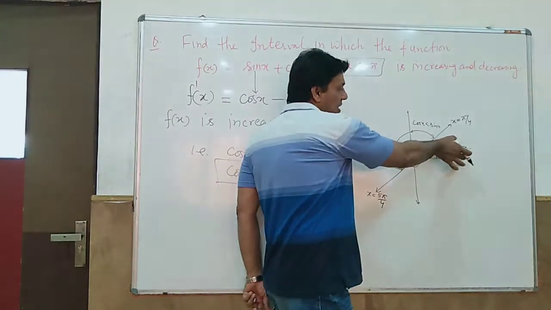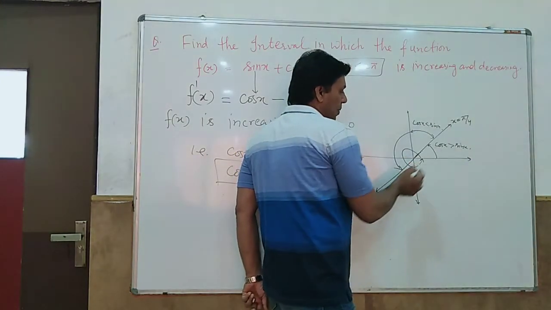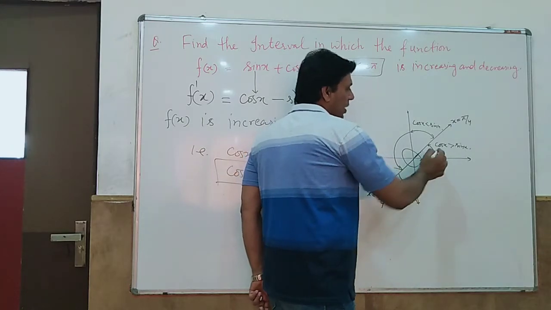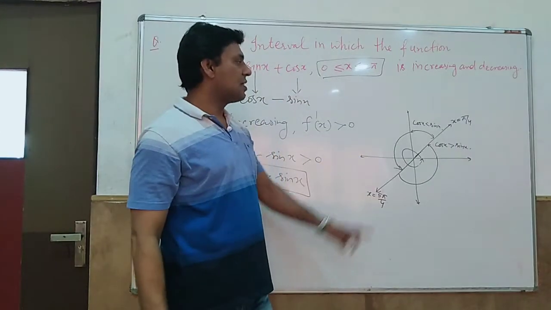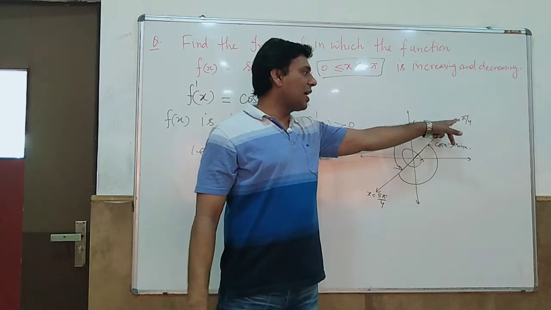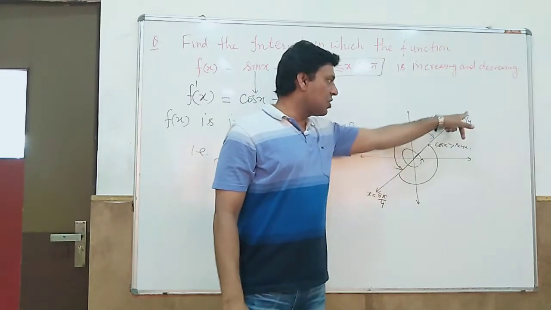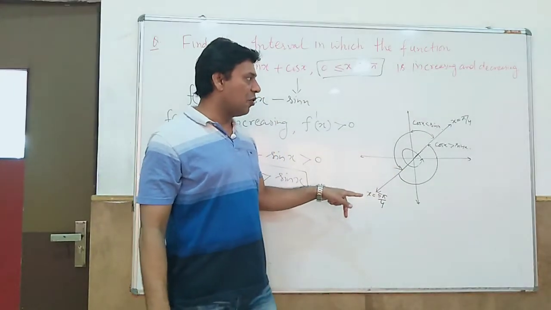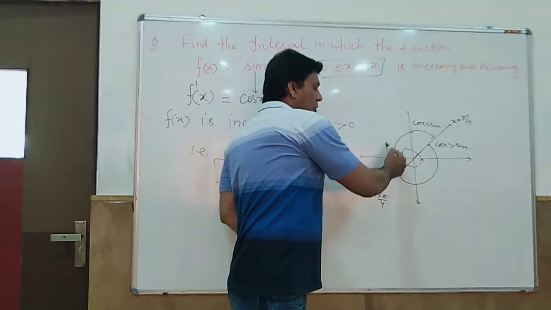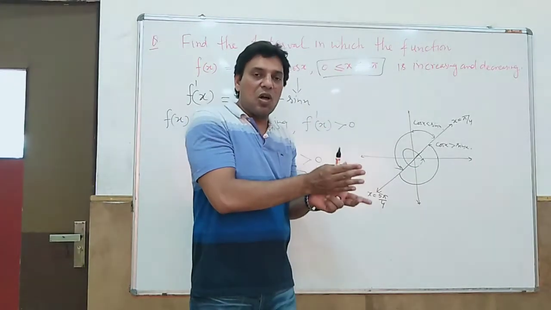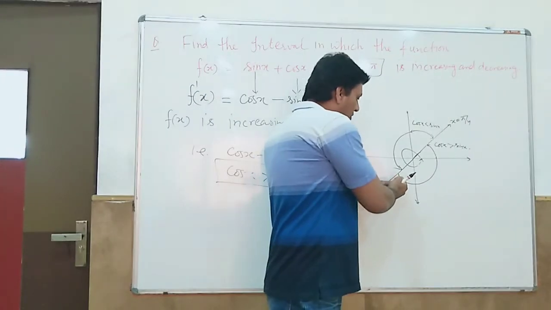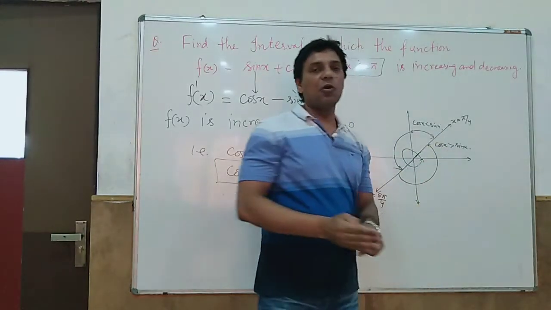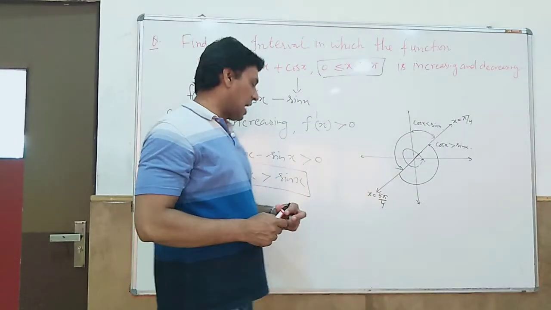And cos x is greater than sin x between 0 to pi by 4, and even in this whole interval from 5 pi by 4 to 2 pi. So I have divided the whole circle with the lines x equal to pi by 4 and 5 pi by 4.